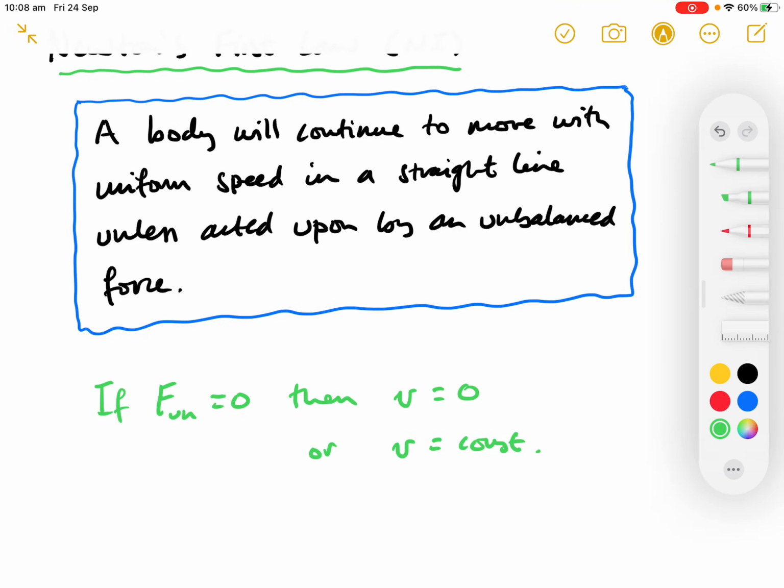So that's a kind of shorthand way of expressing Newton's first law. But if you're ever asked to state it, you should give it in full, giving the text that's in that box.